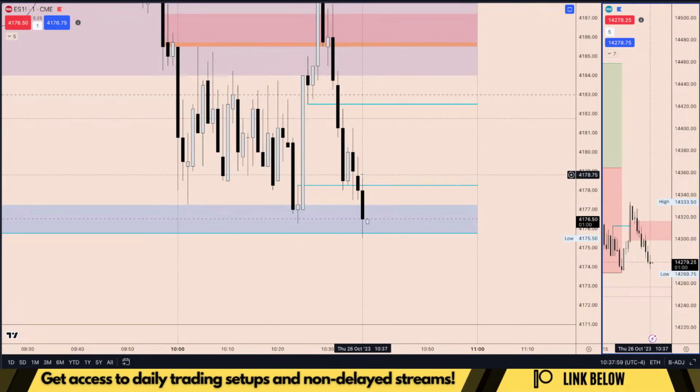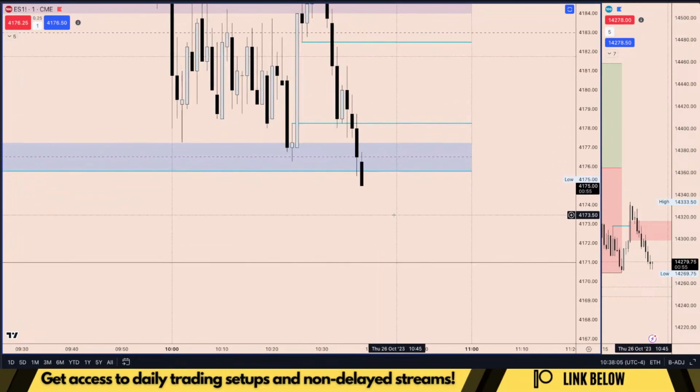Nice little scalp. New volume imbalance at the 50%. That should really deliver us lower.